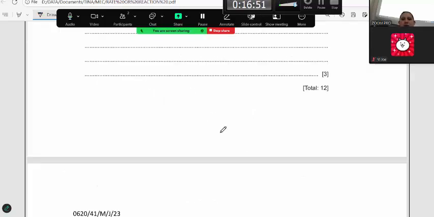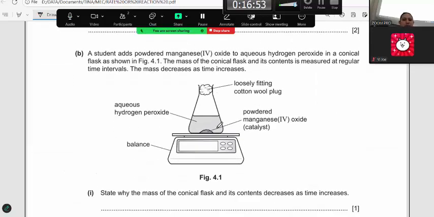Another one is this one here. When the hydrogen peroxide reacts, it produces water and releases oxygen gas, correct? The oxygen gas will be kept inside here or the oxygen gas will release?